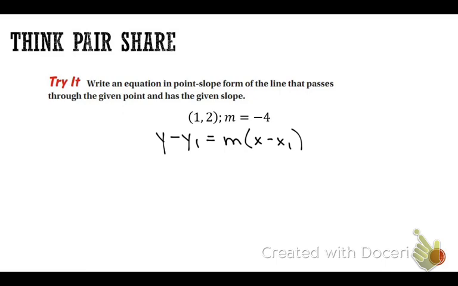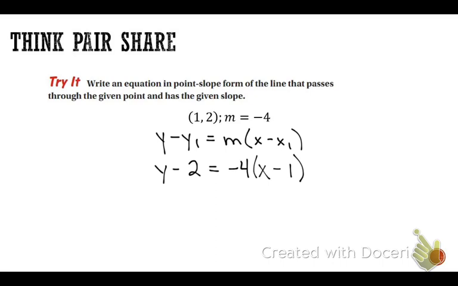We have y minus what? 2 equals negative 4. M is negative 4. I noticed on a few people's papers, they put the x right here. That's not your m. Your m is only the number, times x minus x1, which is 1. Okay?